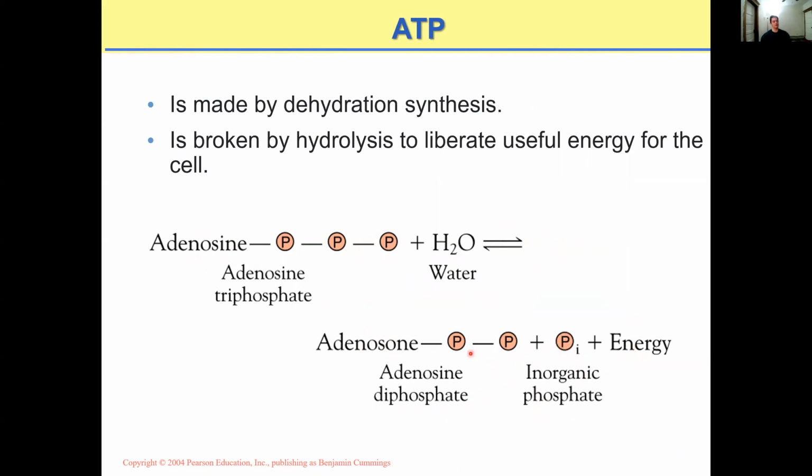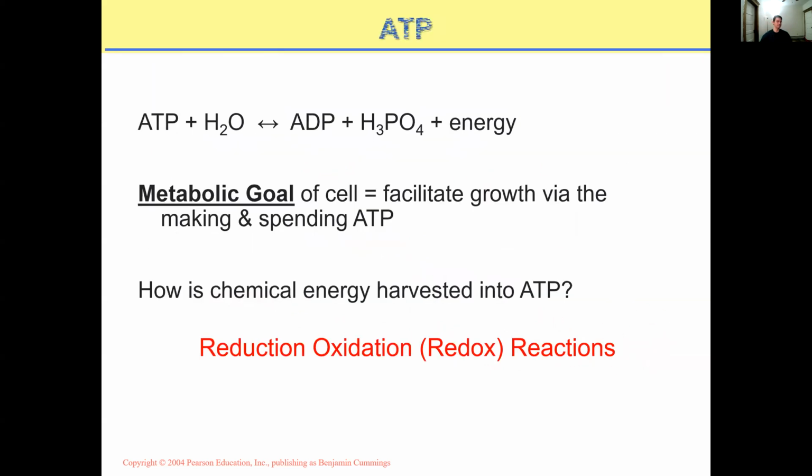All these three things are separate, so that's not one bond. And that reaction, if it takes place in the direction from the bottom to the top, that would be dehydration synthesis. And if it takes place from the top to the bottom, that would be hydrolysis, because that's how you're liberating the energy that you need.